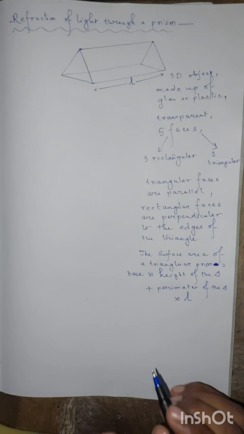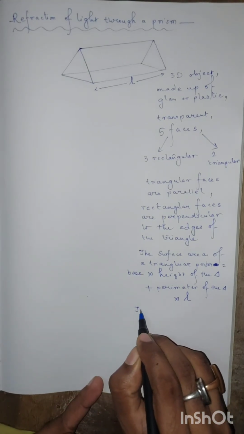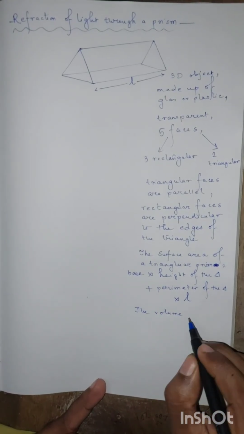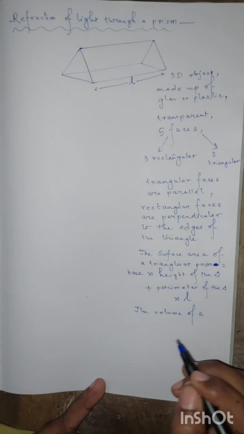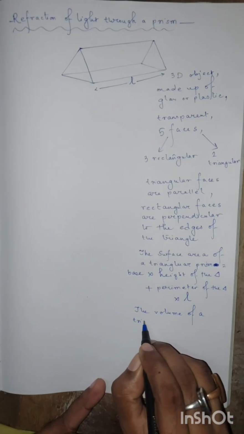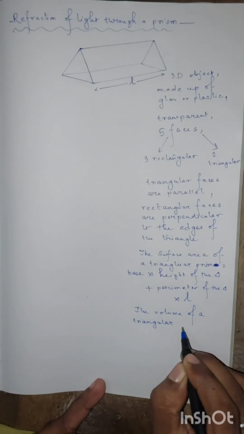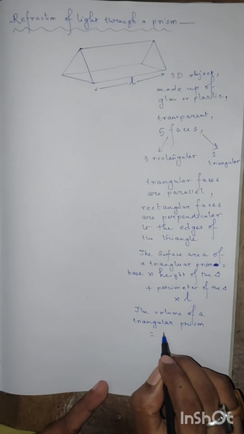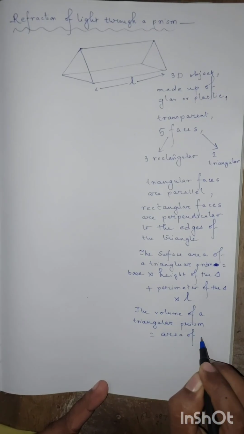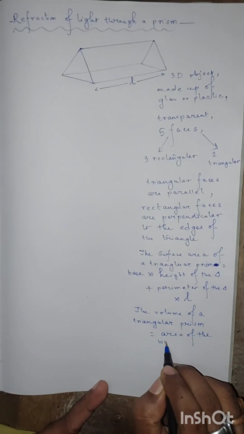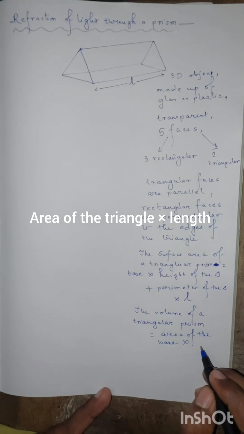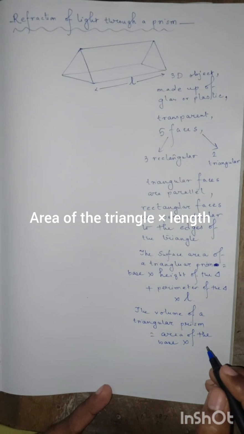the volume of the prism is equal to area of the base into length.